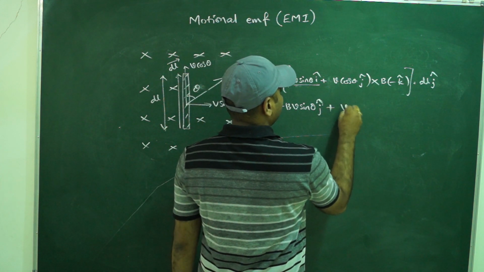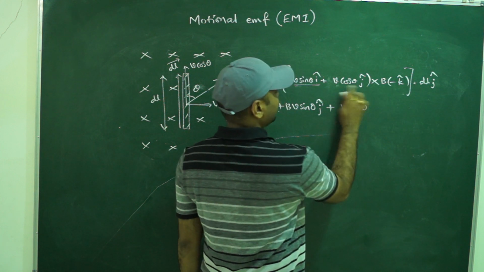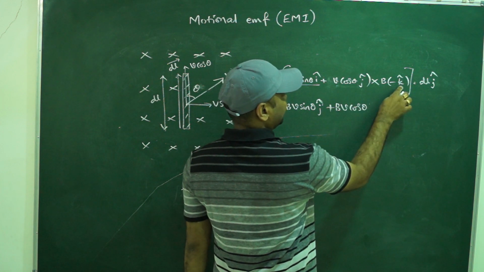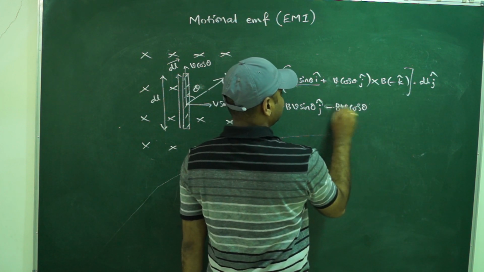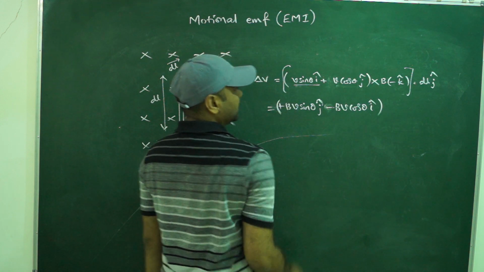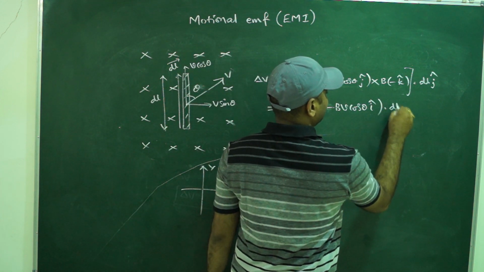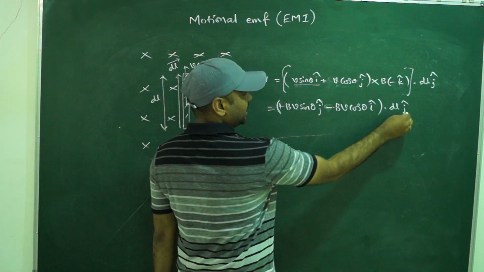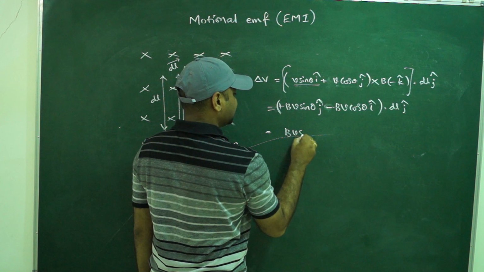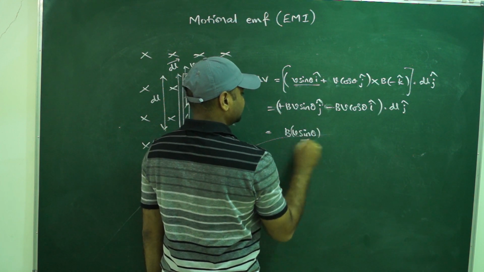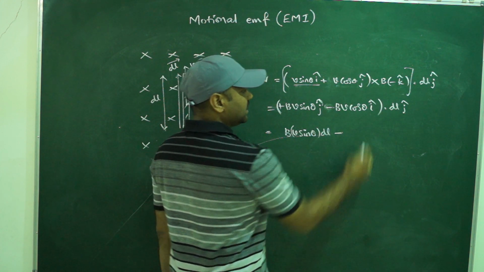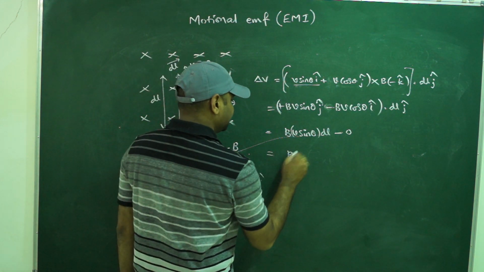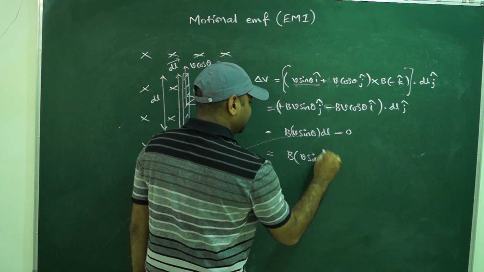Plus V cos theta into B, or BV cos theta, j cross k will be i, minus of this minus i cap, dot dl j cap. Now j cap dot j cap will be 1, then BV sin theta into dl. Minus of i cap dot j cap will be 0.